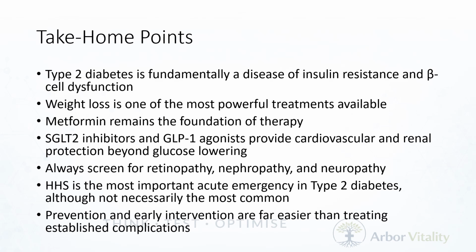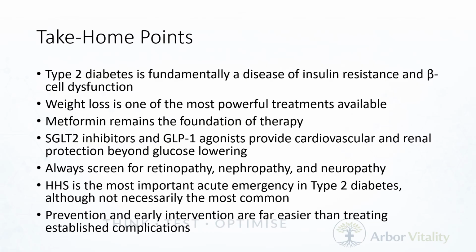SGLT2 inhibitors and GLP-1s provide cardiovascular and renal protection in addition to helping glucose regulation. At every visit, screen for retinopathy, nephropathy, and neuropathy, i.e., test HbA1c, test creatinine, do a visual acuity test, ask about symptoms of tingling, joint pain, paresthesia, numbness.